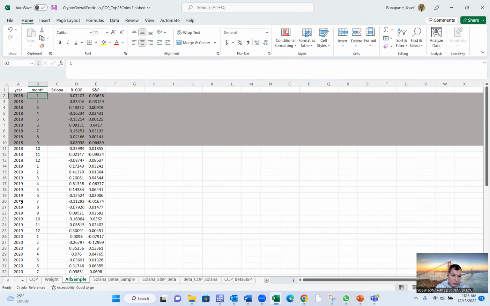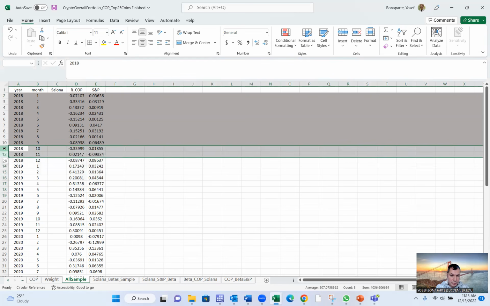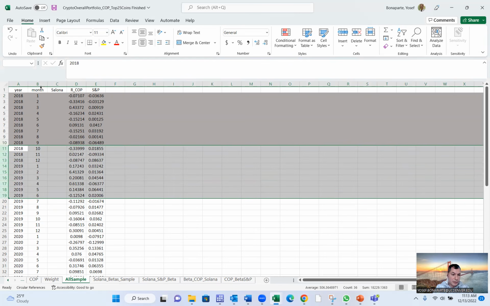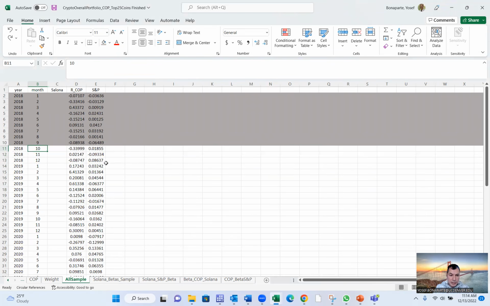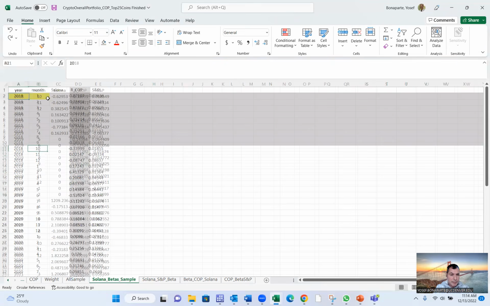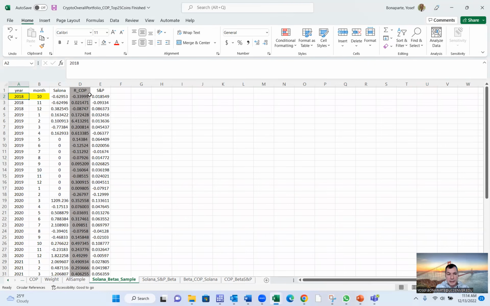But if the coin starts, for example, in July 2018, then you will shade the earlier data and start from July. But for Solana, we start in October. So I take all the data from October, put it here, and then I get the returns for crypto, S&P, and Solana.